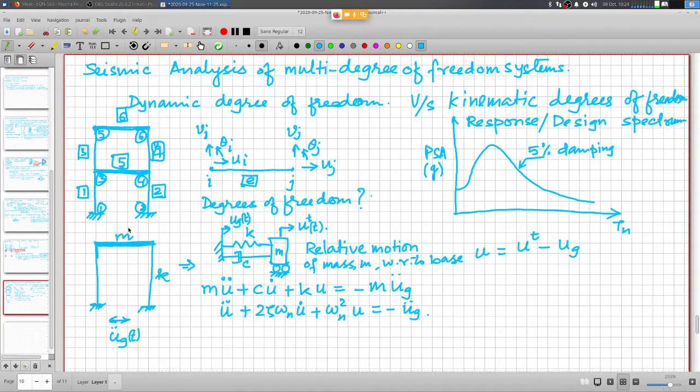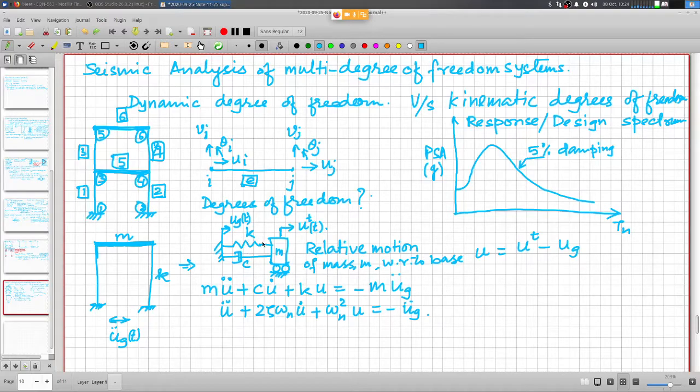As far as the axial deformations are concerned, we are worried about what is the capacity that I need to provide in the columns. So I need to find out what is the maximum force that is coming on these spring elements, or these restoring forces that will be generated because of the deformations in the columns, because of the deformations due to earthquake ground motion.